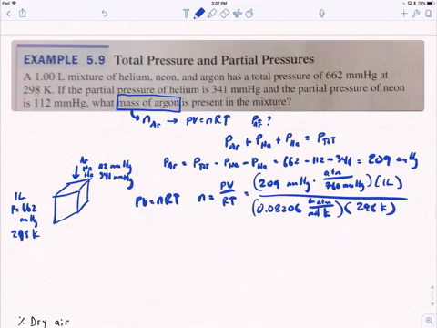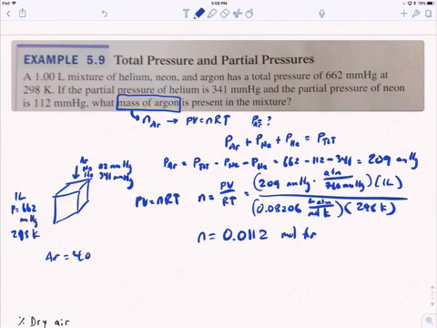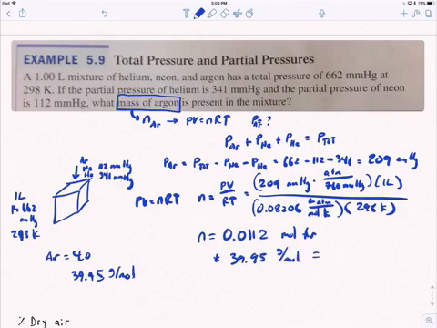And n equals 0.0112 moles argon. And then argon is 40, I guess 39.95, I think. So just times 39.95 grams per mole.